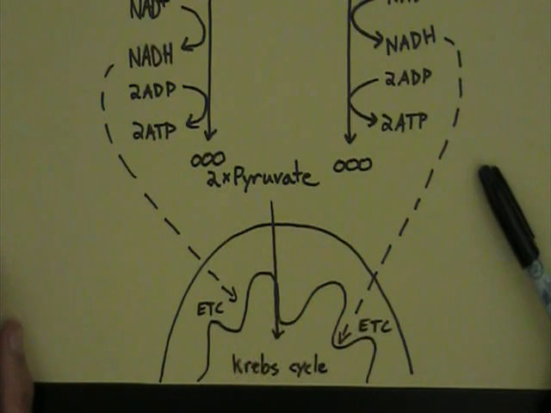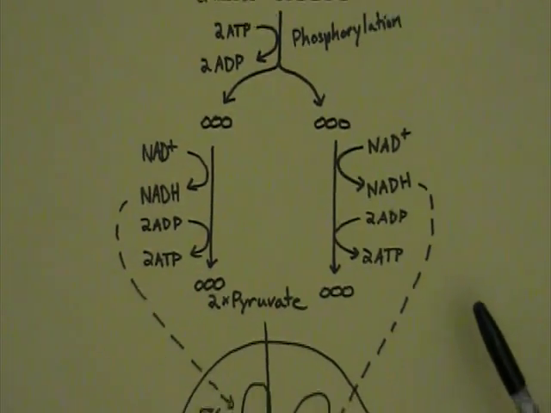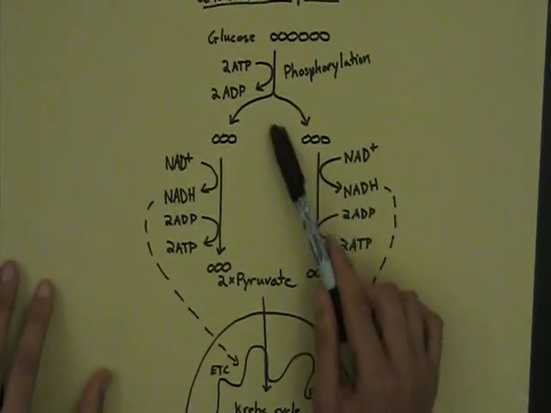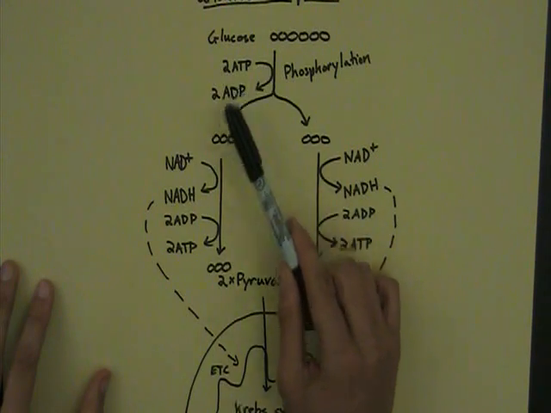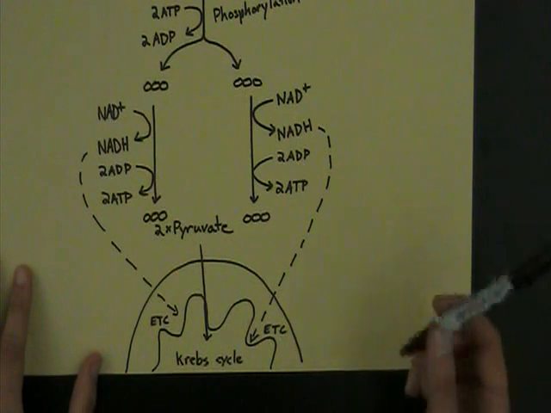It's important when you're studying glycolysis that you understand what is being produced. So let's have a look at this. 2 ATP were used at the start, but I have a total of 4 ATP being produced at the end.